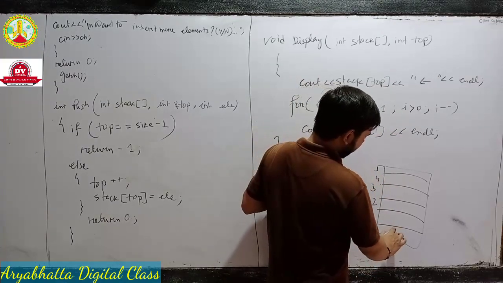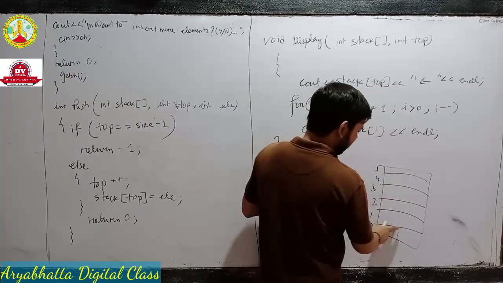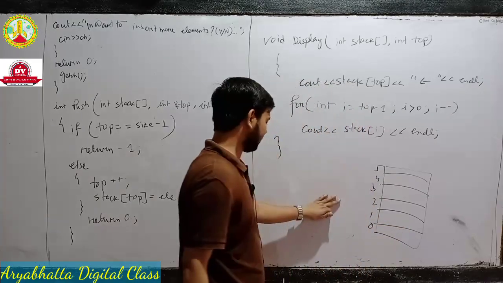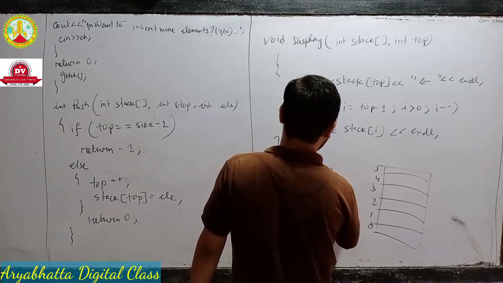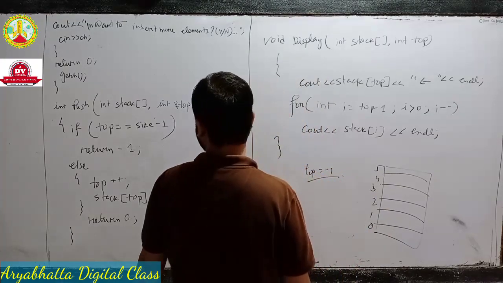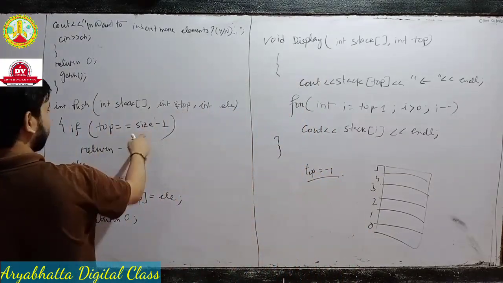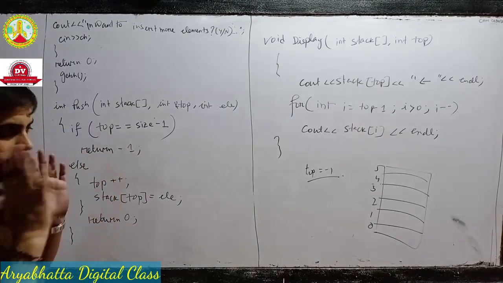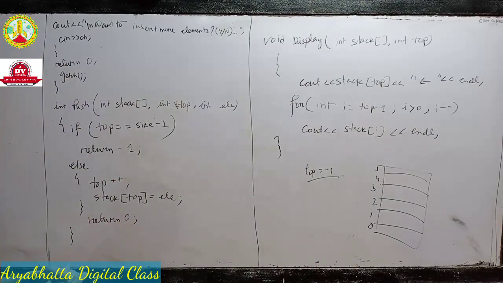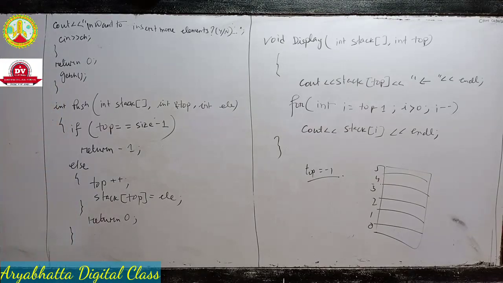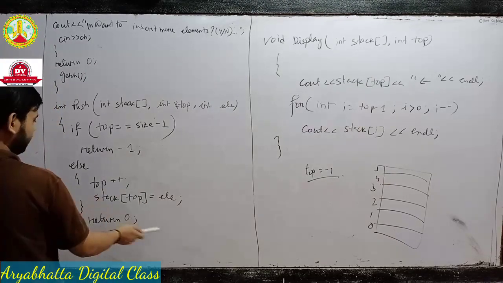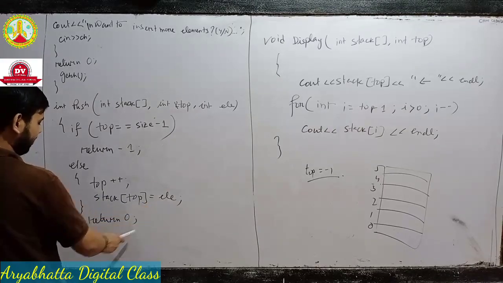In this case, when the stack is empty, your top will be what? -1. In here, when top is size -1, your stack is completely full. You cannot insert a new element. In that case, overflow will become right. Otherwise, your top will be incremented. I already told you, stack top element, return 0.